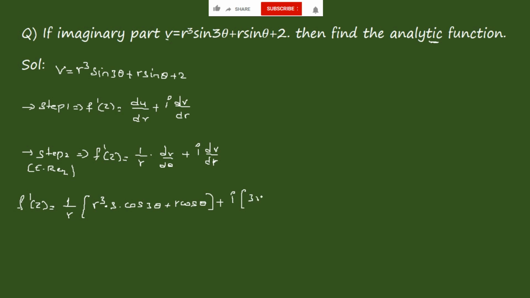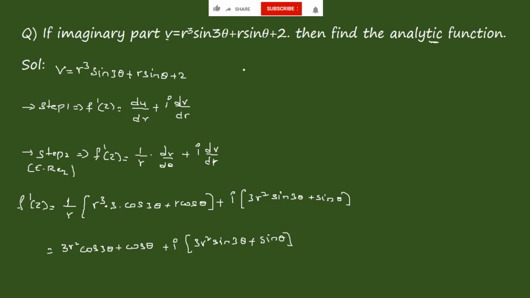So it becomes 3r square sine 3 theta plus sine theta, which is equal to 3r square cos 3 theta plus cos theta plus i into 3r square sine 3 theta plus sine theta.